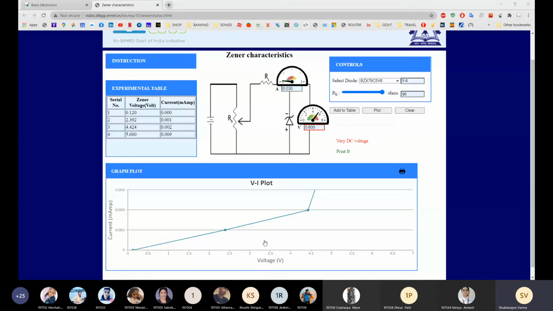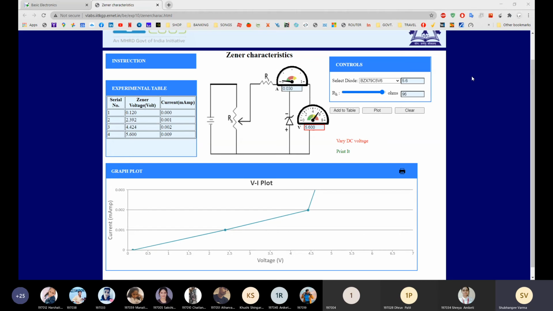Yes, any other question? Ma'am, in experiment 1, VI characteristics of diode, I have varied the DC voltage in the form of 1, 3, 5, 7. Is it okay? For reverse bias, you have to vary the voltage 1, 2, 3, 4.